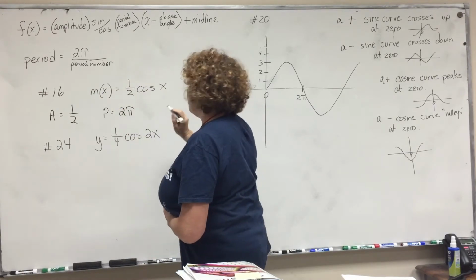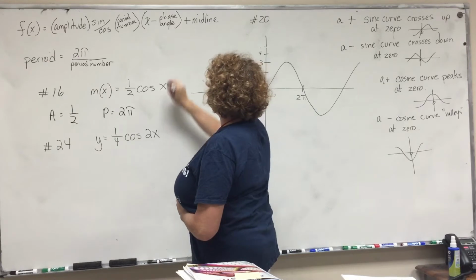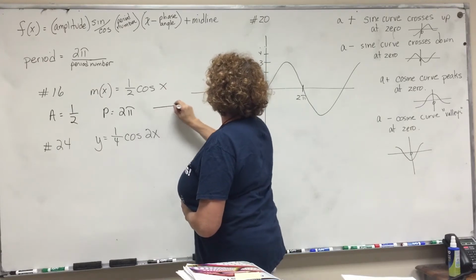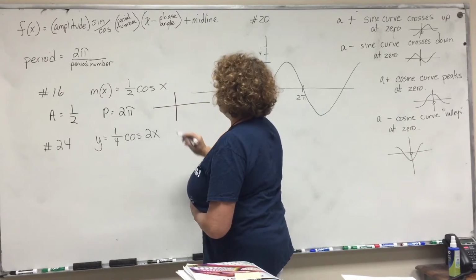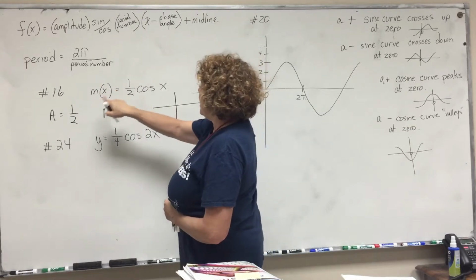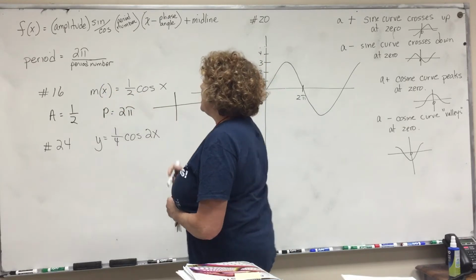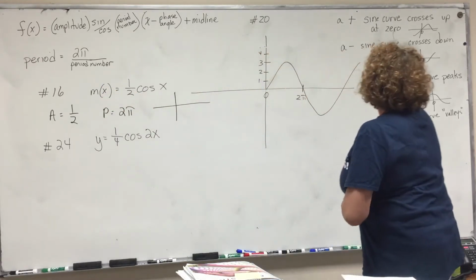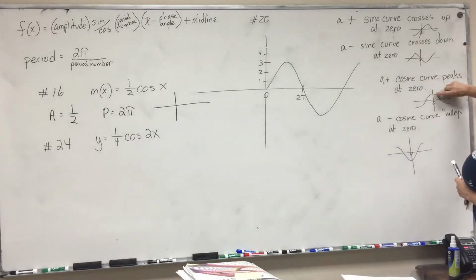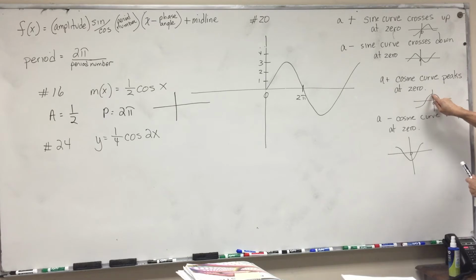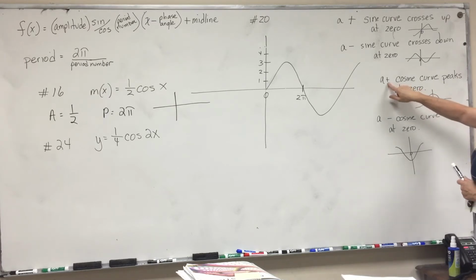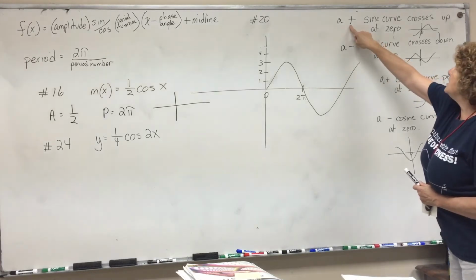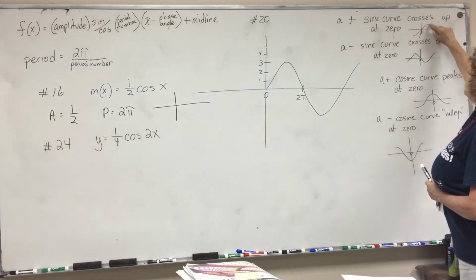So if I was to graph this, I should make our x and our y, and it is a cosine curve, and I wrote over here, cosine curves peak at 0. So they go like this, they peak at 0, and that's a positive cosine curve. A positive sine curve crosses up at 0.